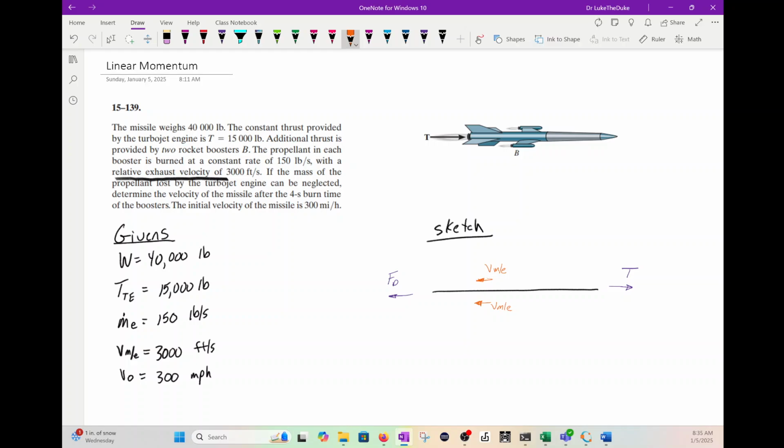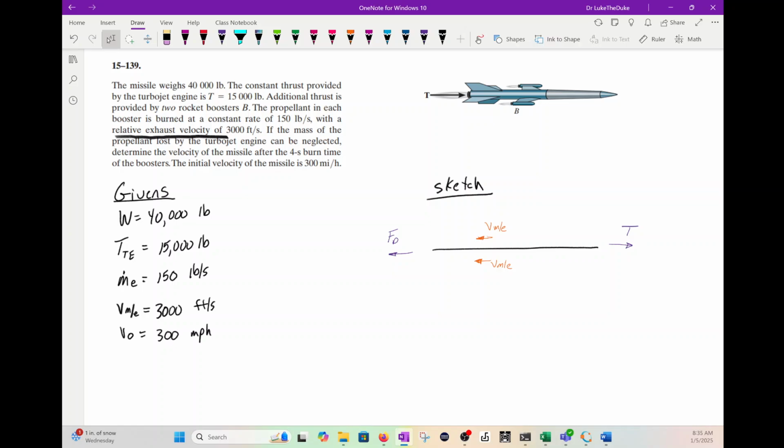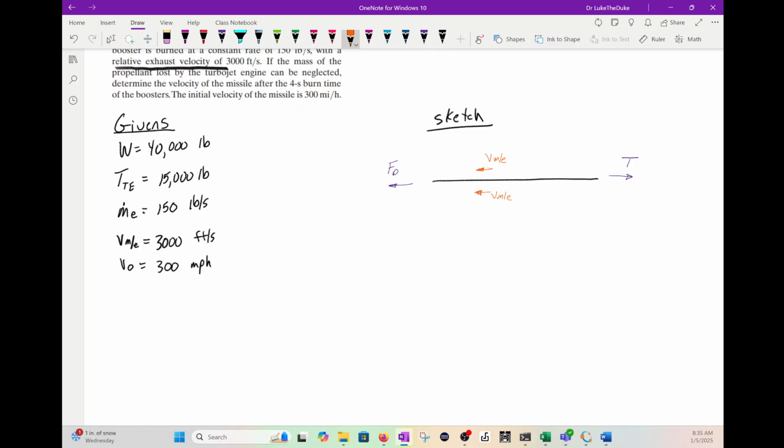So we have to use a relative velocity. So let's find V as a function of time.